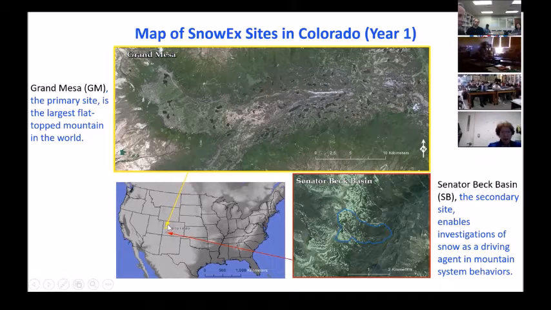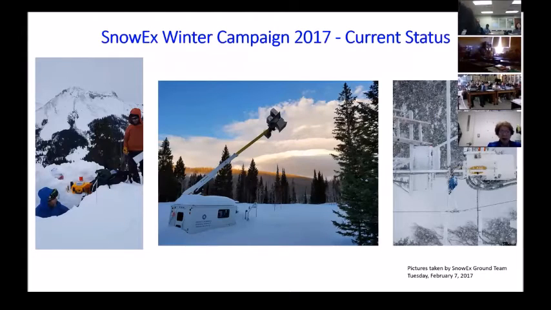The plane will fly at the end of this month from Colorado over Lake Michigan, over the state of Michigan, into Toledo to get our flight lines in over the Great Lakes, over Michigan, and over Toledo. I'll get into that in a minute. But right now, all the airplanes and people are on the ground in Colorado making these measurements.